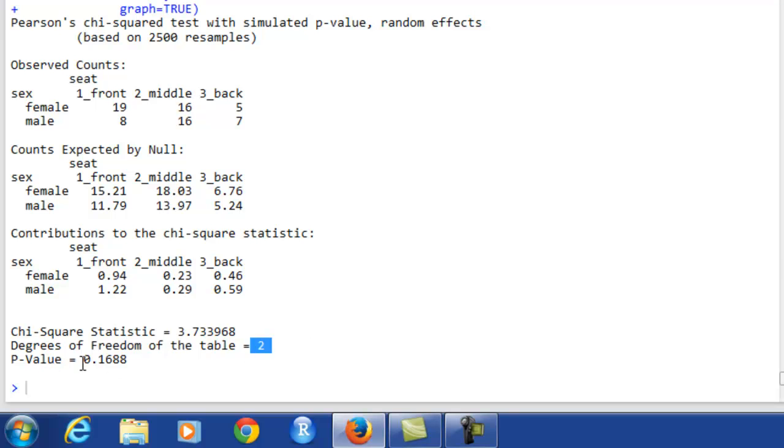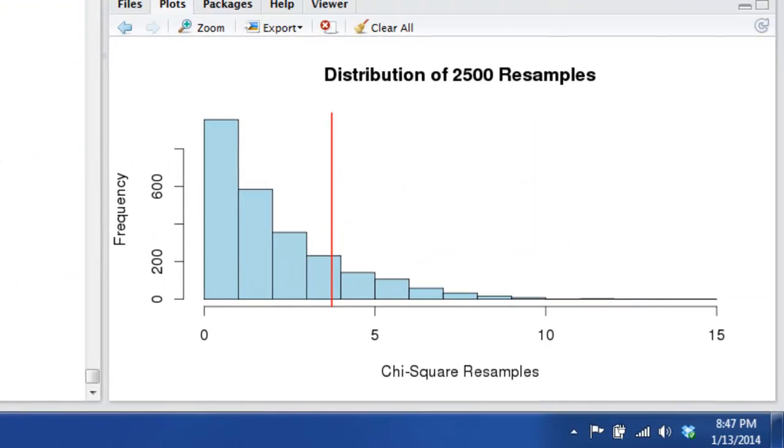The chances of getting a chi-square statistic at least as big as the one we got, if there's no relationship between these two variables in the Georgetown College population, is about 17%. In fact, look over in the Plots tab. Looks like about 17% of the area of this histogram comes after the 3.73 that's represented by this vertical line.